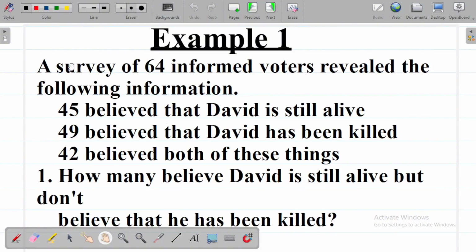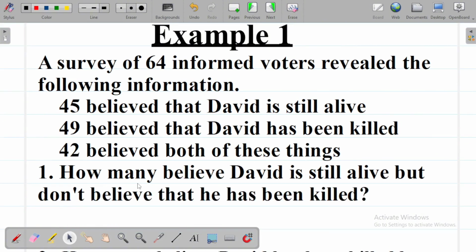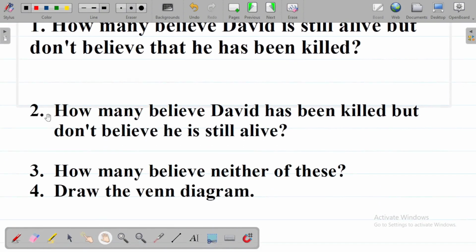Example 1. A survey of 64 informed voters revealed the following information. 45 believe that David is still alive. 49 believe that David has been killed. 42 believed both of these things. Number 1. How many believed David is still alive but don't believe that he has been killed? 2.